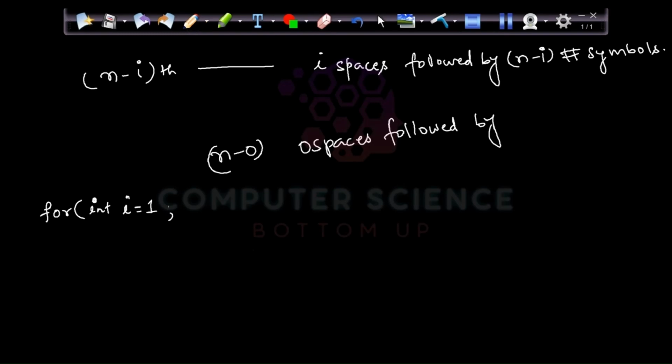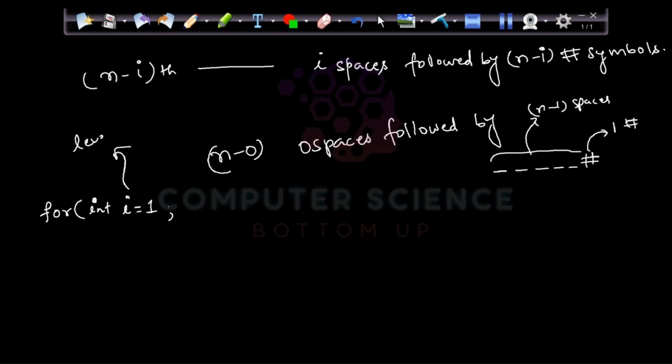When i is equal to 1, there should be n minus 1 spaces and 1 hash symbol, with i representing the level. So let me write the complete for statement: for int i is equal to 1, i less than or equal to n, i plus plus.